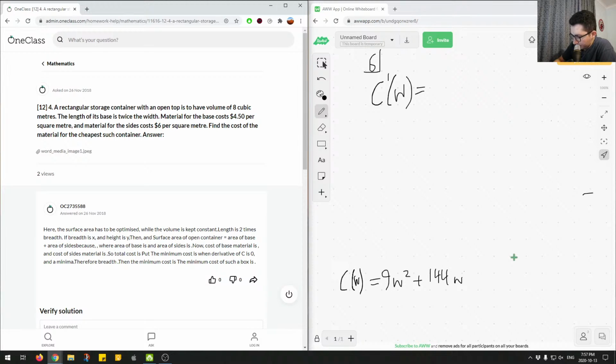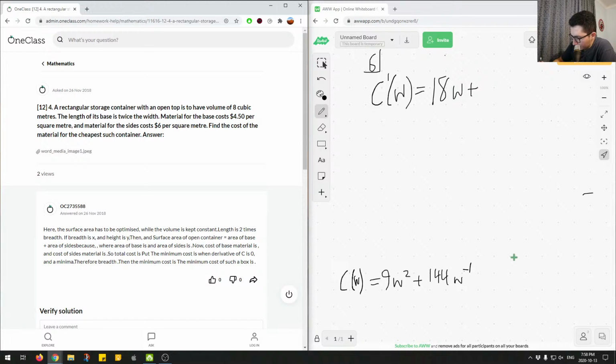So the derivative of the function below is 18 W plus, so this is actually -1 over here. I erased that accidentally.